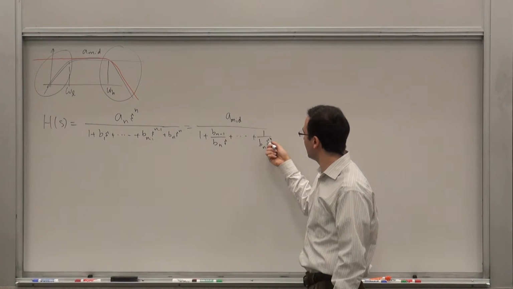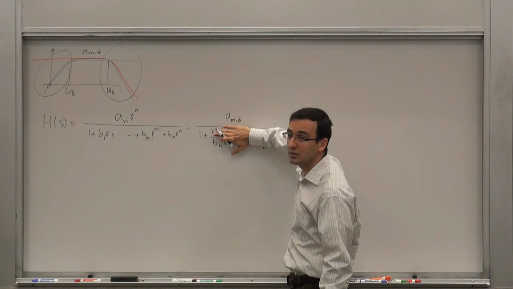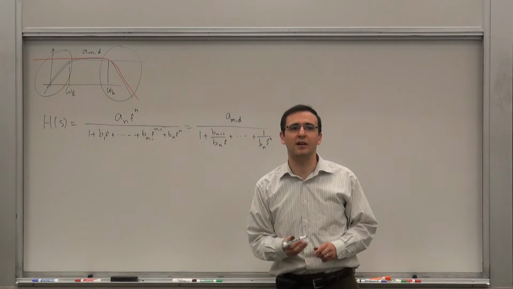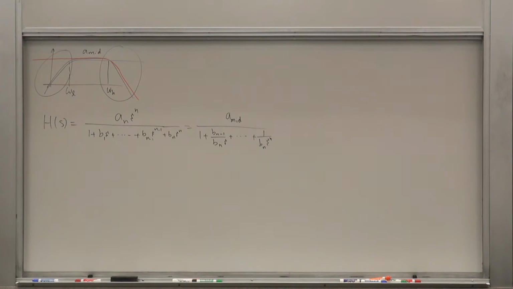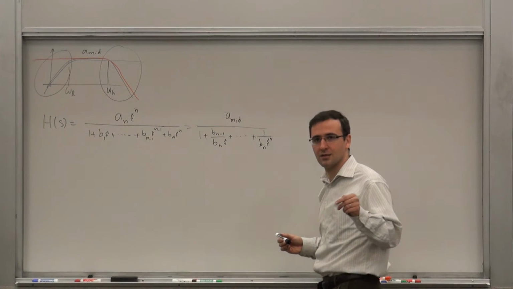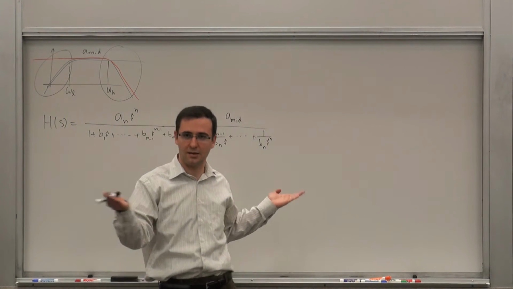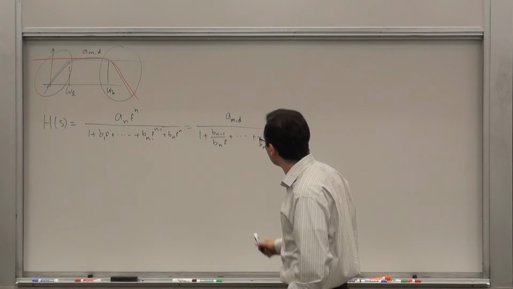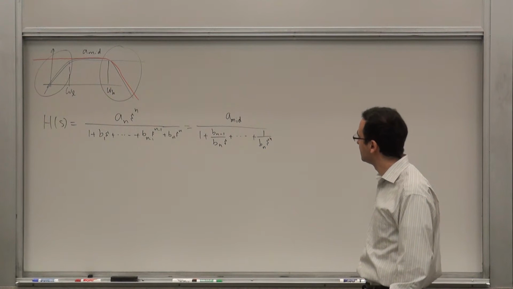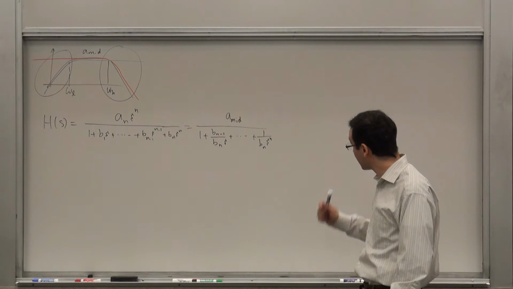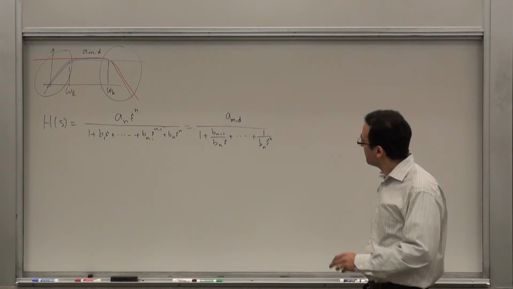Because if s goes to infinity, all of these terms become 0. That's what's left. So I'm really converting it to an inverse pole representation. Instead of s, I have 1 over s. It's just a conversion, but it allows me to write this in terms of the mid-band gain, the gain at the middle of the band. Okay, so this is what it looks like.